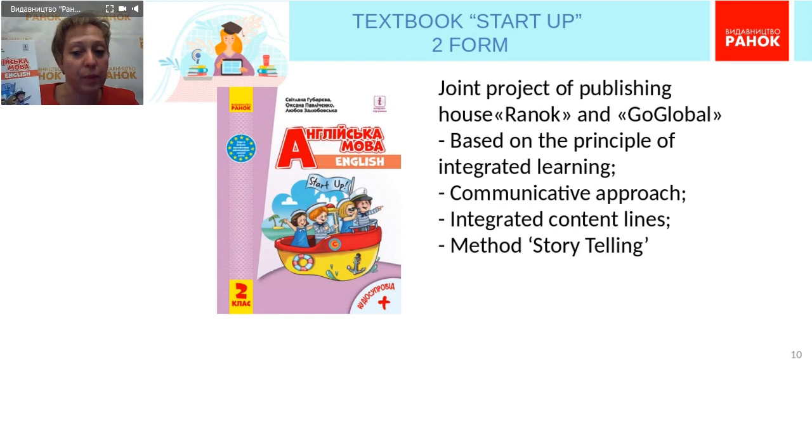This thing is really very fresh today and very important. And our textbook has storytelling pages. We spoke about the storytelling method in September, and those who were with us during the webinar can remember it.